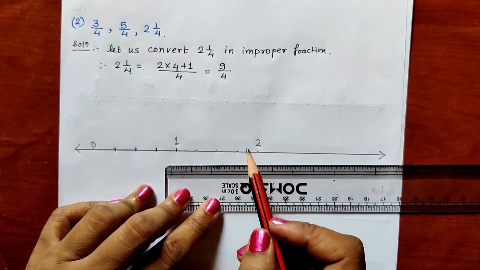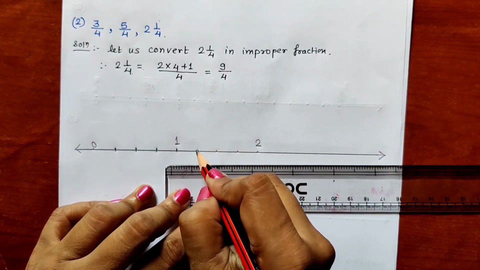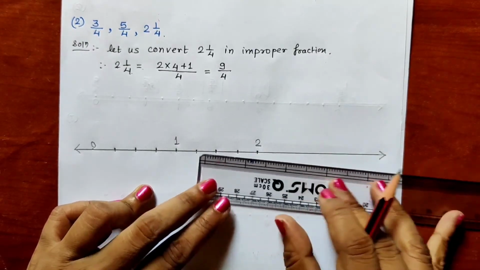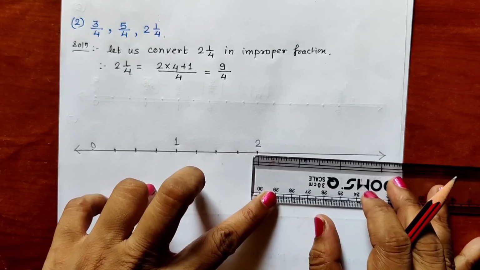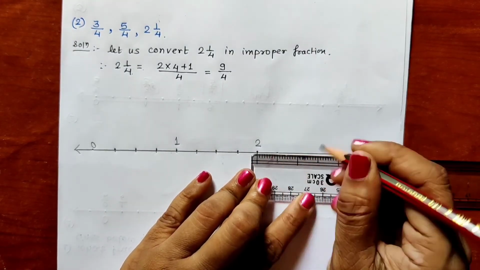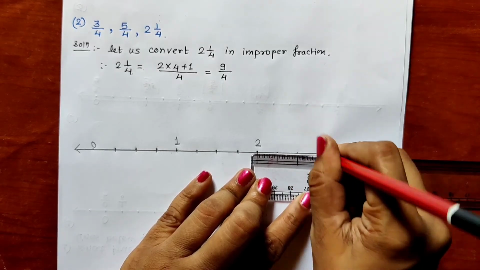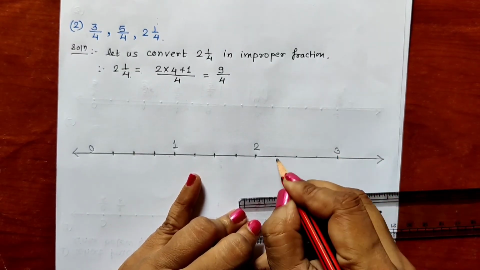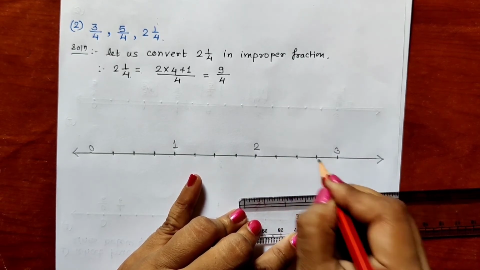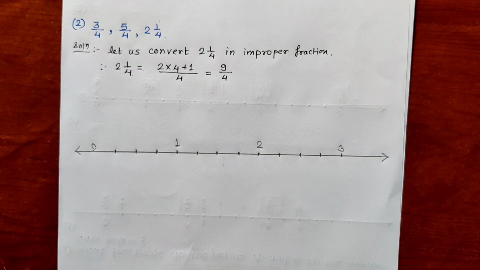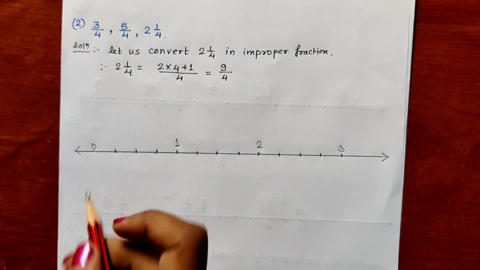Again 2 to 3, 1 unit we will divide into 4 equal parts. 1, 2, 3, 4. So this is 3. 1, 2, 3, 4.